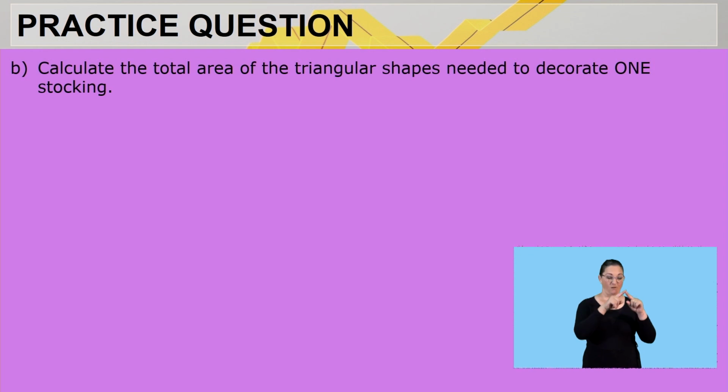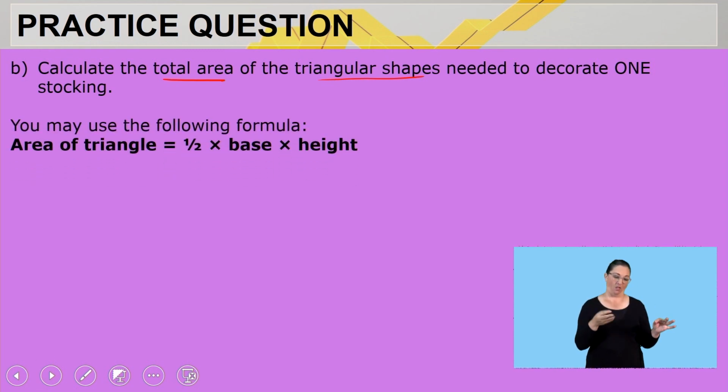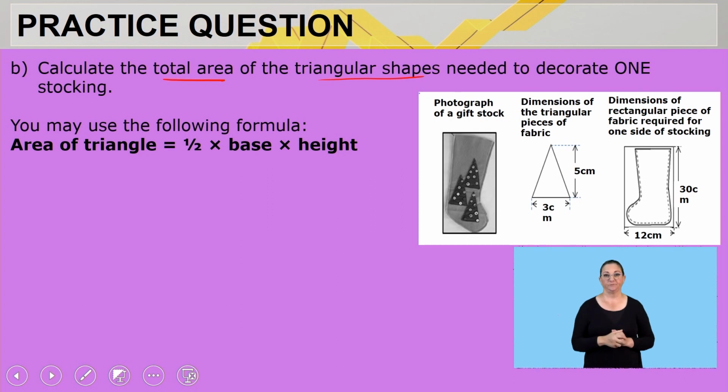Question number B. It says calculate the total area of the triangular shapes needed to decorate one stocking. And again, you may use the formula area of a triangle equals half times base times height. Now let's look again at what was given. Remember, this time around, we are working with the triangular shapes.